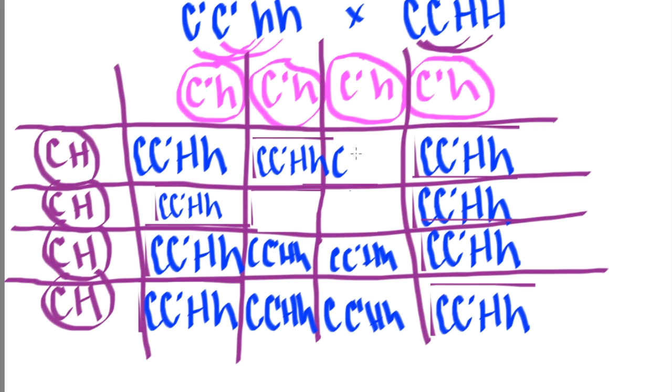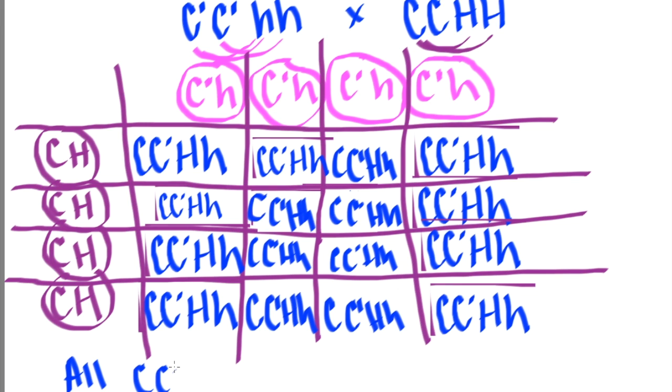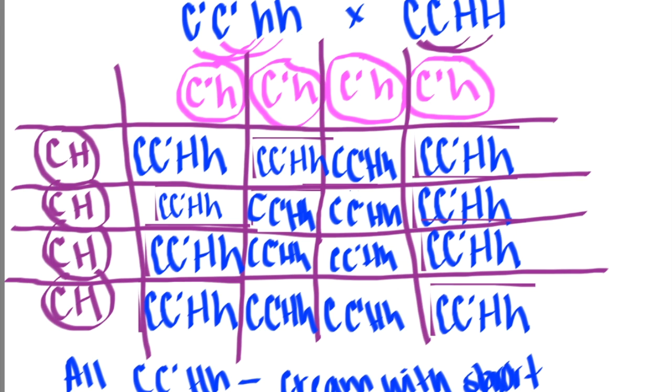So if you're getting the idea here, every one of these is the same. If all the gametes across the side and across the top are the same, then all your individuals are going to be the same. So you have all C. So all of them are going to have the same genotype, and the phenotype here will be cream, cream with short hair.